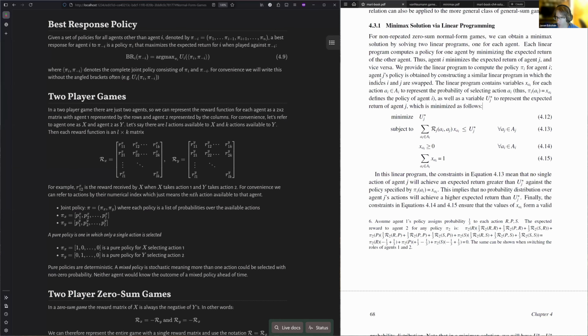Yeah, that's true. Although in a game like tic-tac-toe, the joint reward doesn't matter until the very end, which makes a lot of the steps trivial.